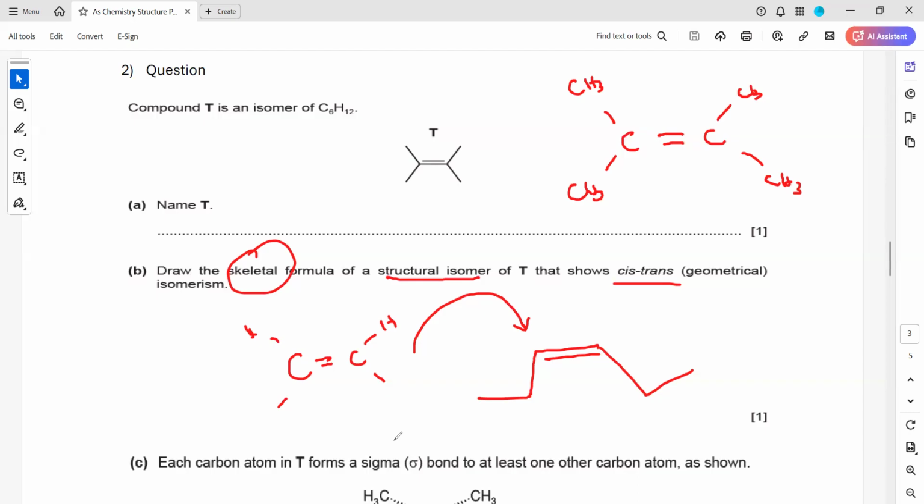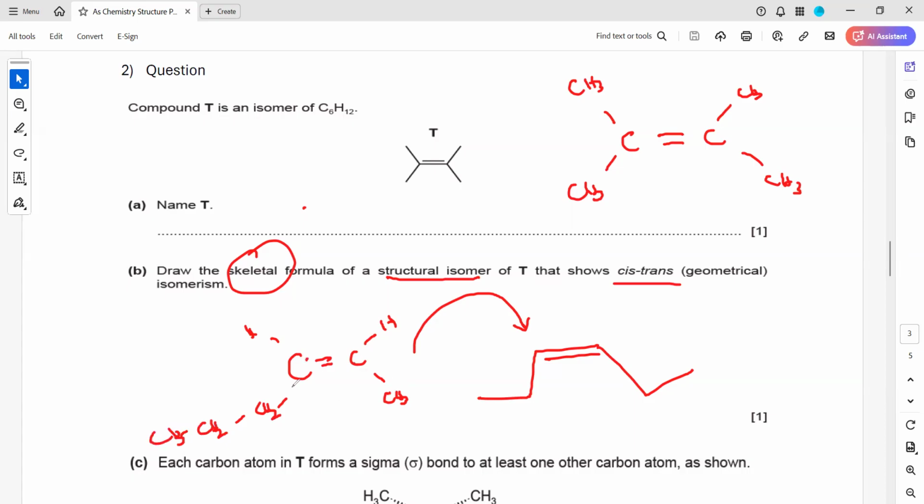Okay. So there's also another way to draw the same. What I can do is draw, for example, one, two, three, four. So this will be CH3, CH, double bonded with O. Then CH2, CH2, CH3.